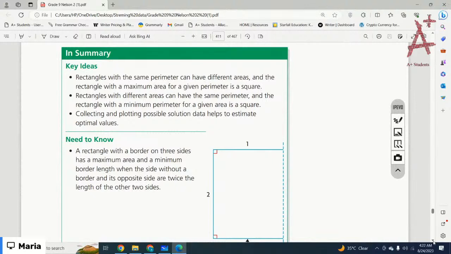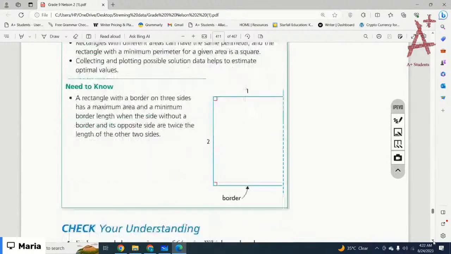Collecting and plotting possible solution data helps to estimate optimal values. A rectangle with a border on three sides has a maximum area and a minimum border length when the side without a border and its opposite side are twice the length of the other sides, right?